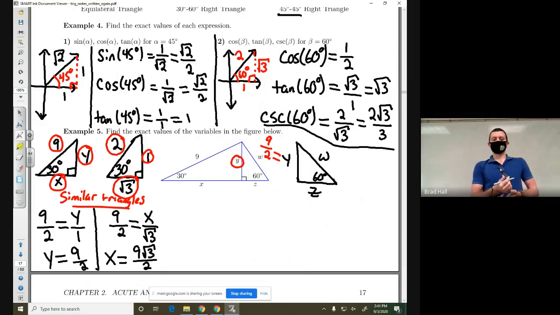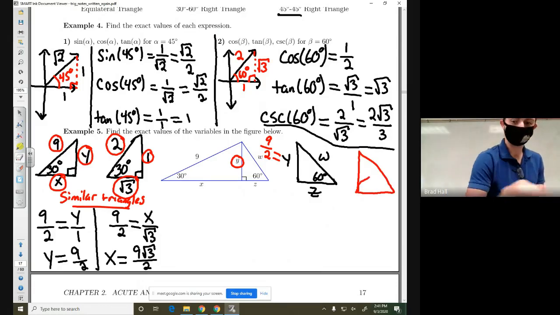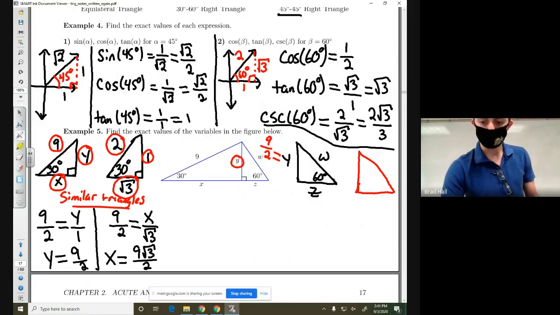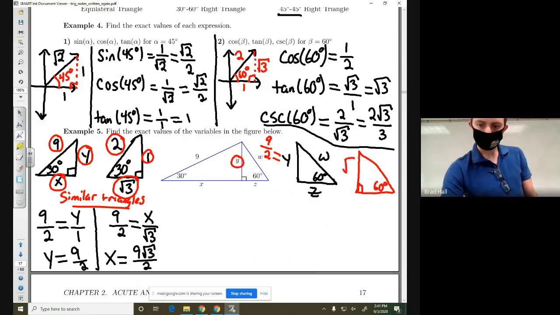So now we can do the same thing for this triangle, which is a 30-60 triangle, which means it will be similar to a 30-60 triangle where all the segments are known.